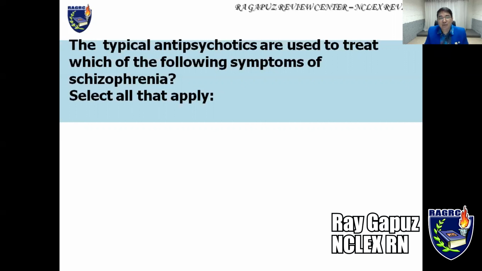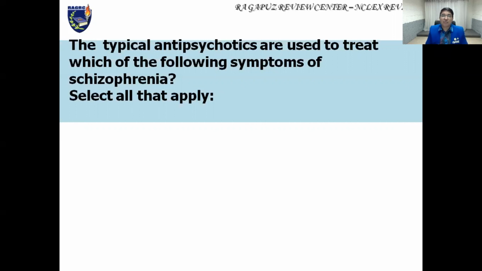For you to be able to answer this question, you have to know the 2 general types of antipsychotics. You have typical antipsychotics and atypical antipsychotics. How do they differ? They differ in terms of their target symptoms. Typical antipsychotics primarily target the positive symptoms of schizophrenia, whereas atypical antipsychotics target both the positive and the negative symptoms of schizophrenia.